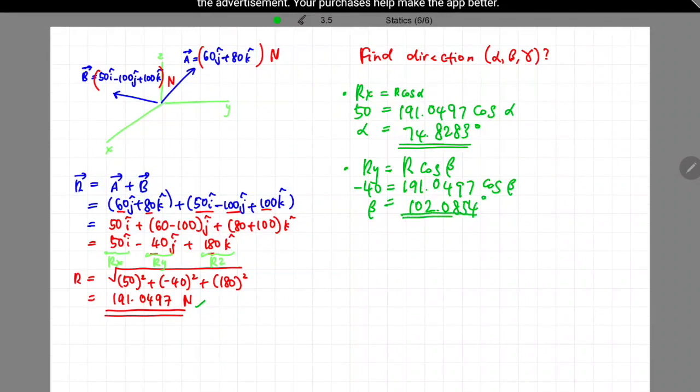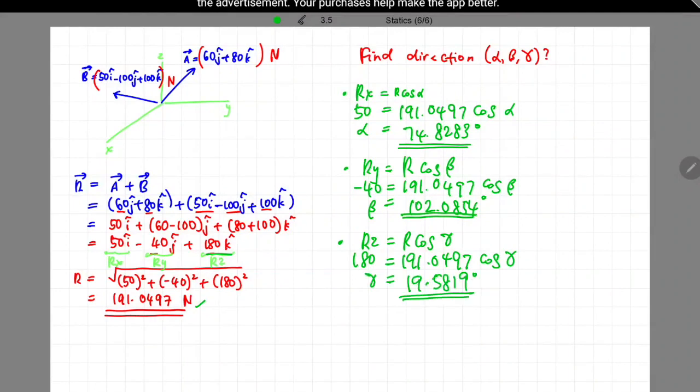Okay, done for beta. So, to calculate the gamma angle, you can use the same step whereby you define the magnitude of Rz to be R cos gamma. So, substitute all the values that you calculated earlier and you will get the gamma angle. Simple je kan? Dah siap.